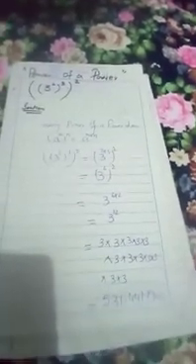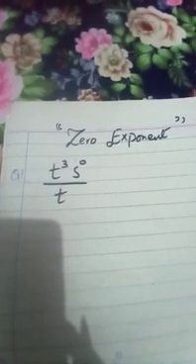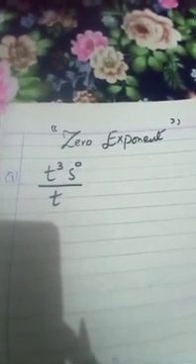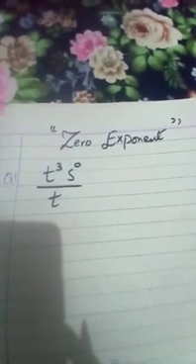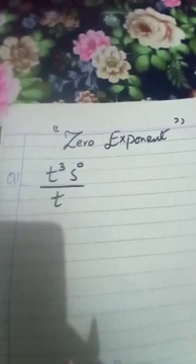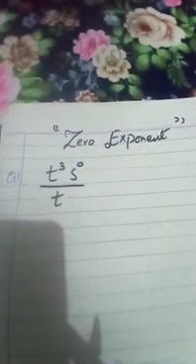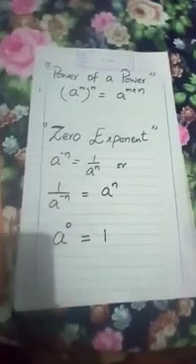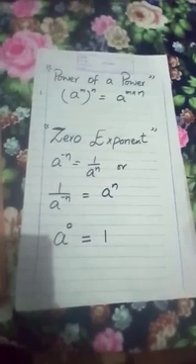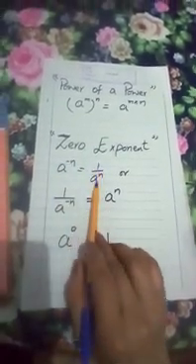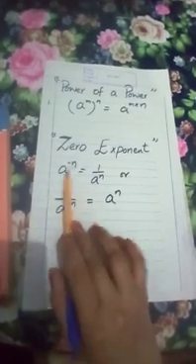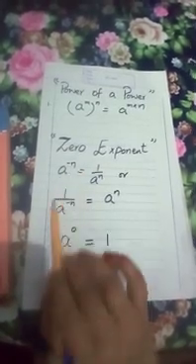Now if we have another question, t^3 s^0 by t. Now if the question has a zero exponent, how will we apply the law of zero exponent? Here we have two laws of zero exponent. One is a^(-n) is equal to 1 by a^n, meaning the reciprocal of a^n.